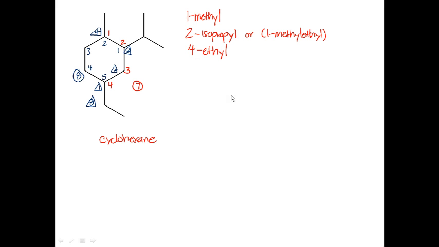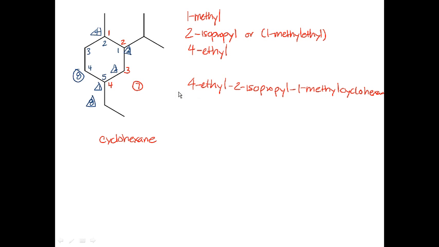And so from here on out, it's just writing the name like we had done before. If I write this with an isopropyl, I'm going to have 4-ethyl, 2-isopropyl, 1-methylcyclohexane.